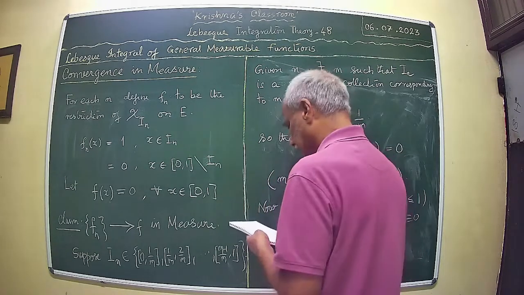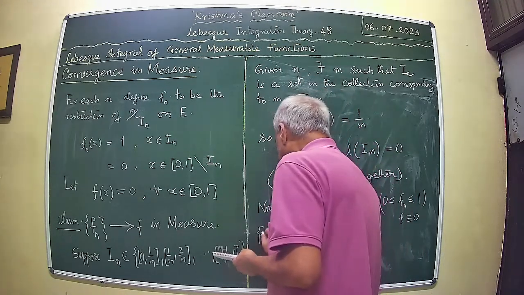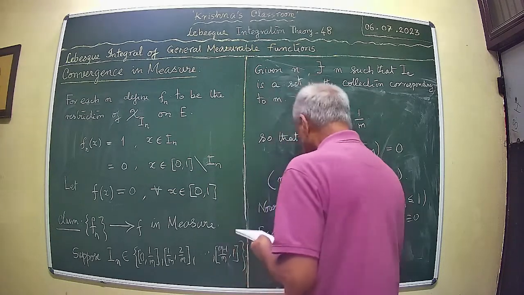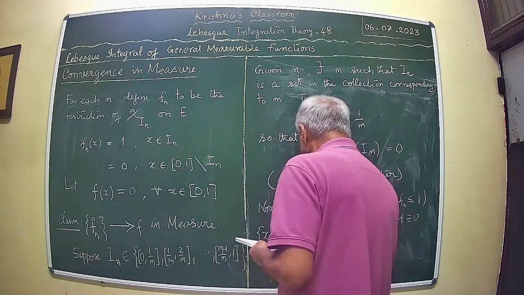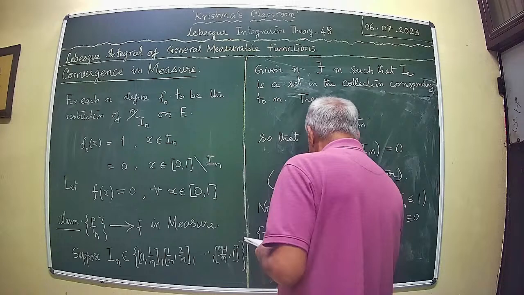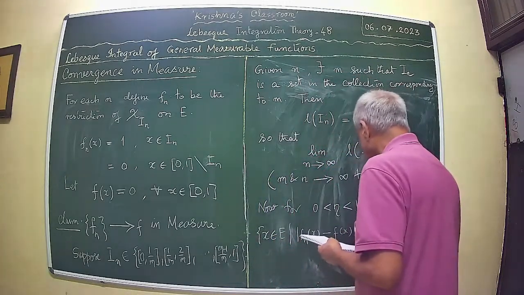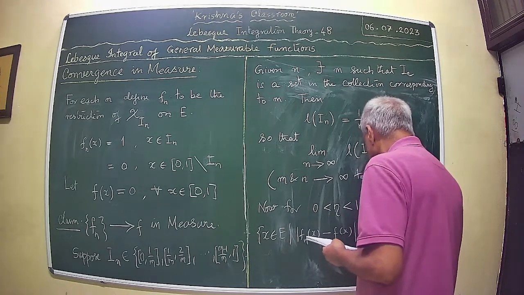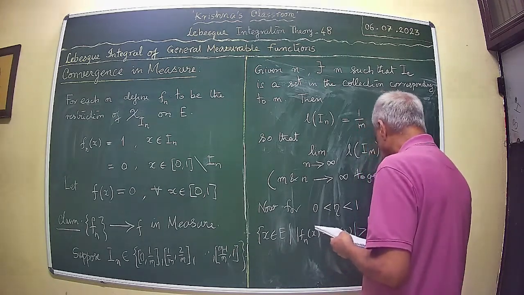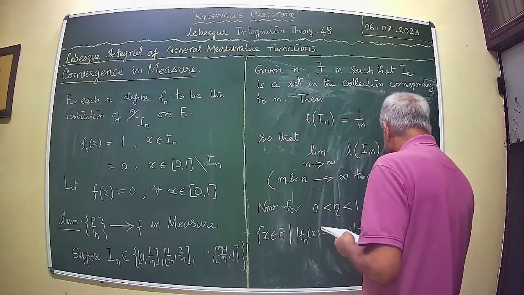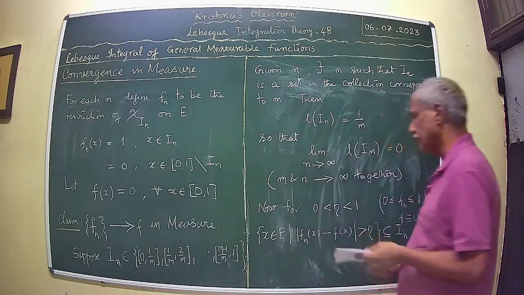Then for this, you see that you get the x belonging to E, for which Fn of x greater than eta is contained in some IN.